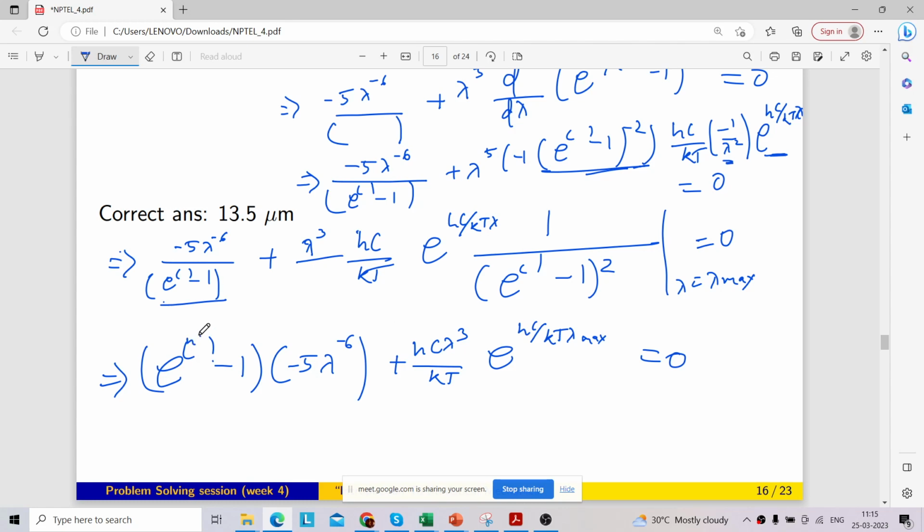Here also I have hc over kT lambda max, right?